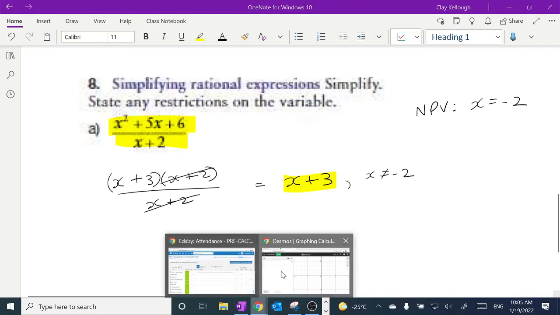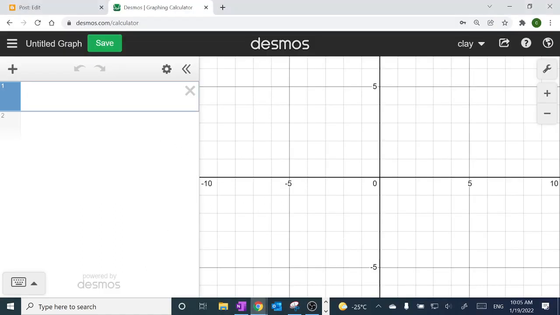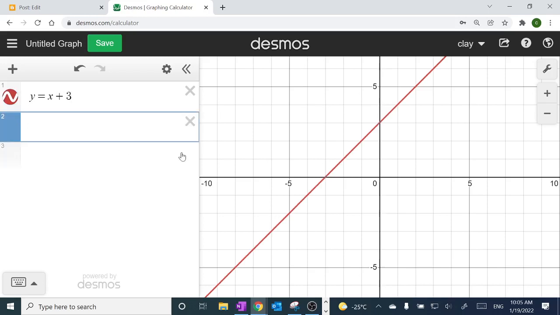let me get Desmos happening here. If you had the graph of y equals x plus 3, it'll look exactly the same as that big complicated looking thing. What was it again? It was x squared plus 5x plus 6. Or no, wasn't that? Oh, there were minuses involved.